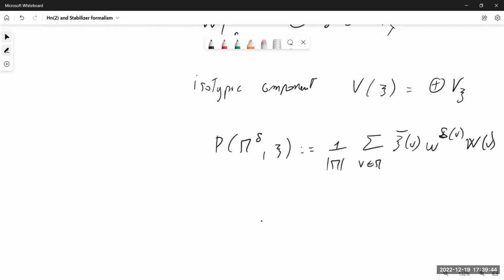This can be proved, and for example one reference is the book from Fulton and Harris, and it usually goes under the name of, I think, the second projection formula.